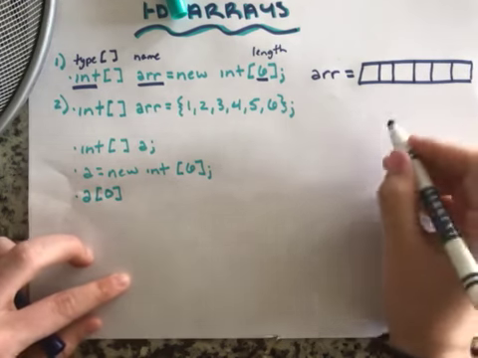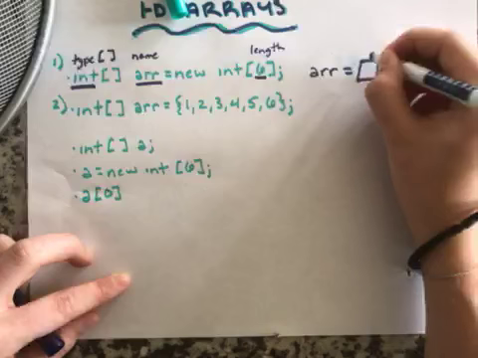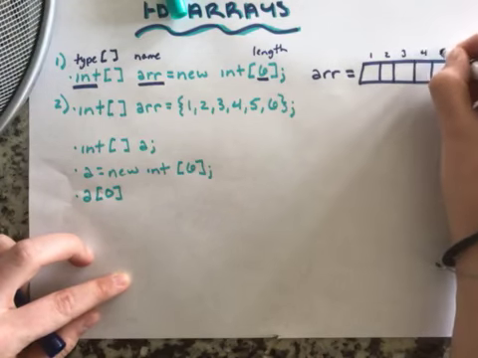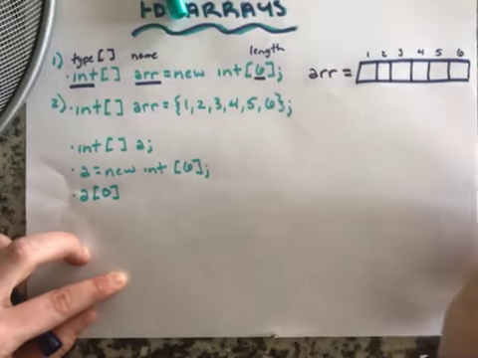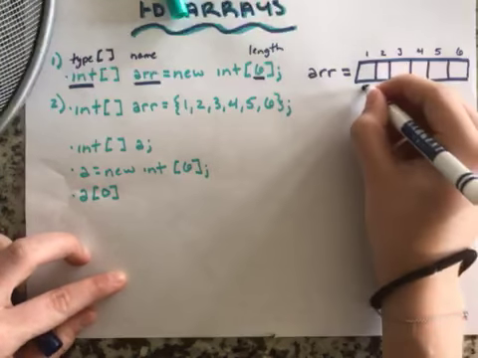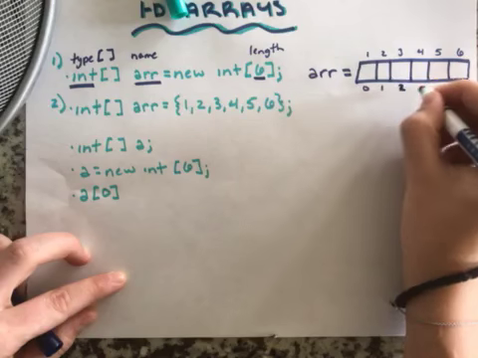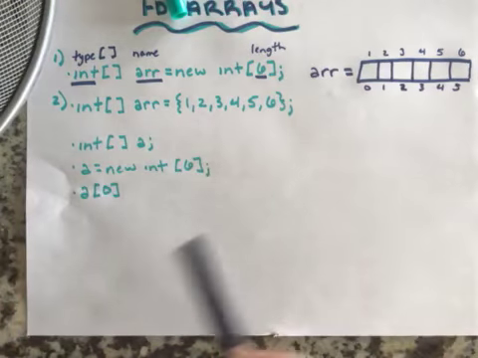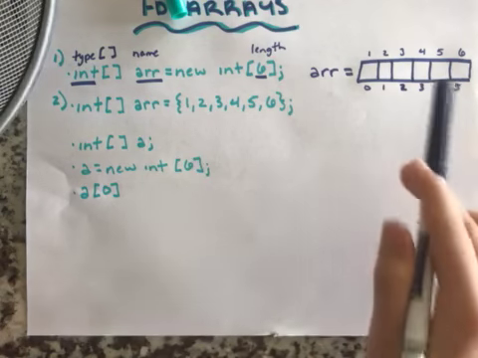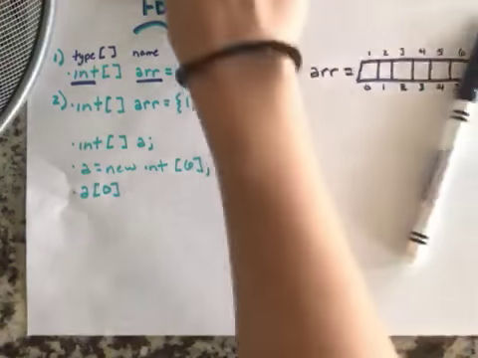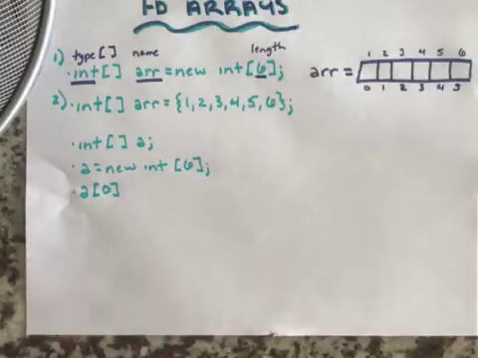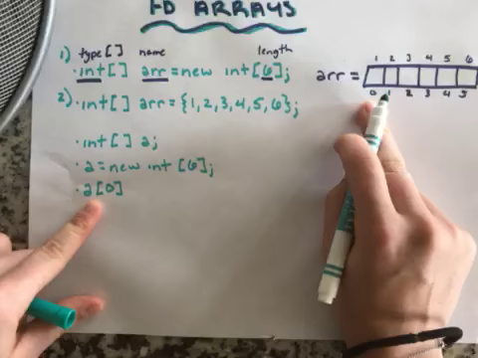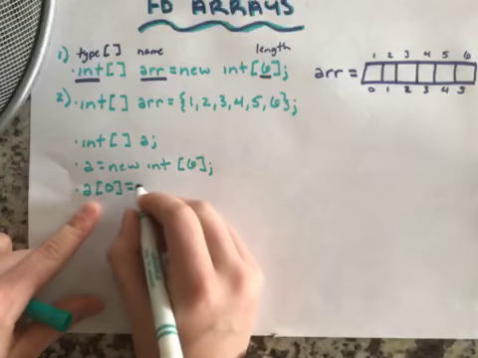And so the length and the indices are different. The length is 6, but when you're trying to access one of them, it's through the index. So there's only 5 indexes, but the length is 6. So if you're trying to access one of them, I would try to fill in this one, 0, and say I would make that 5.